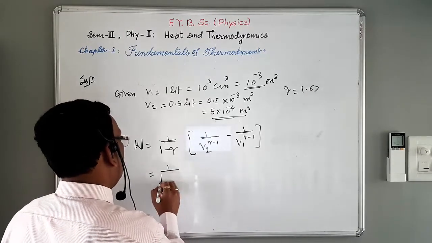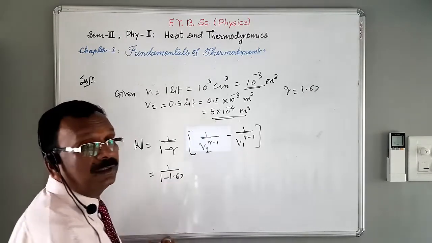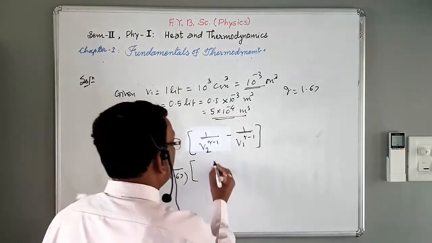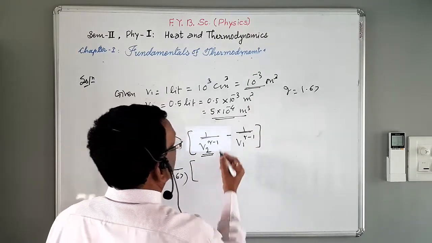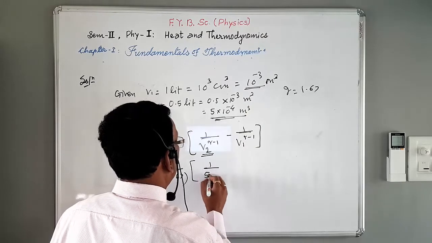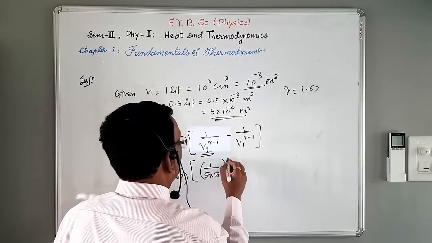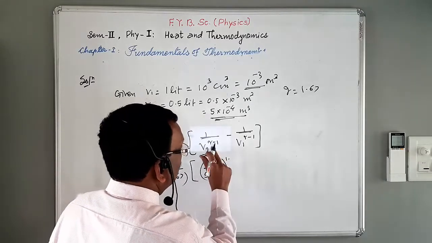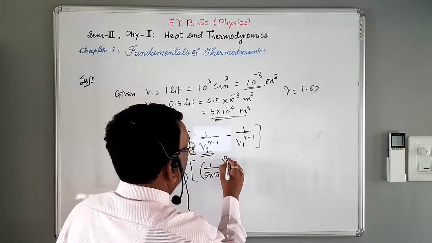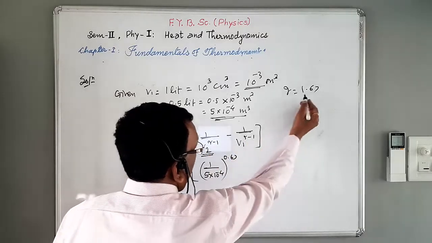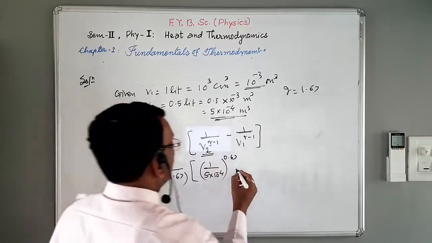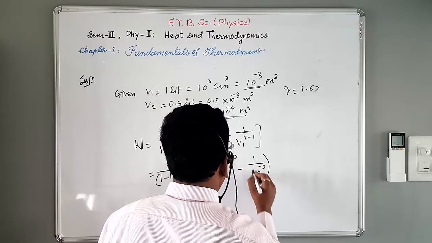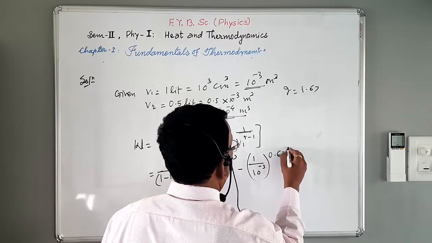So 1 upon 1 minus 1.67, and V2 is 1 upon 5 into 10 raised to minus 4, raised to 0.67, because 1.67 minus 1, the value of gamma minus 1, minus 1 upon V1, that is 10 raised to minus 3, raised to 0.67.